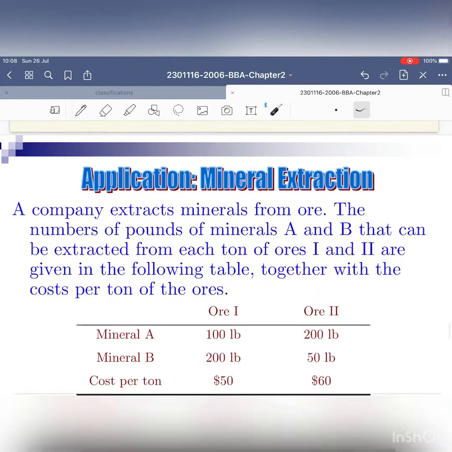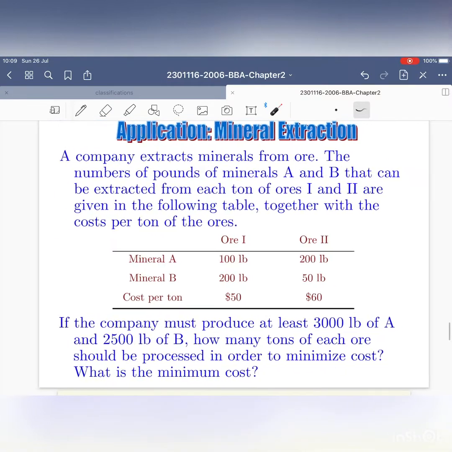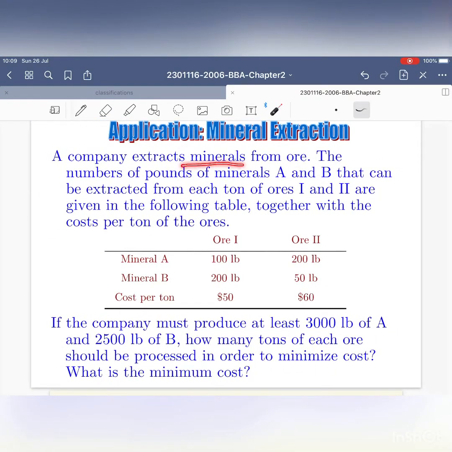Okay, so this one says that a company extracts minerals of the ore. The number of pounds of mineral A and B, so you are talking about two minerals, that can be extracted from each ton of ore 1 and ore 2 is given in the following table, together with the cost per ton of the ores.